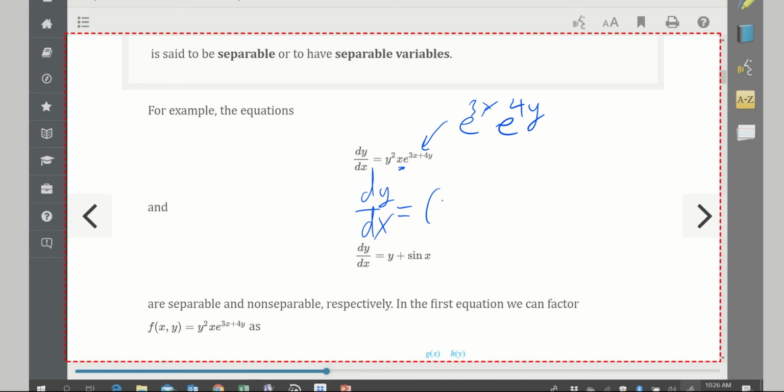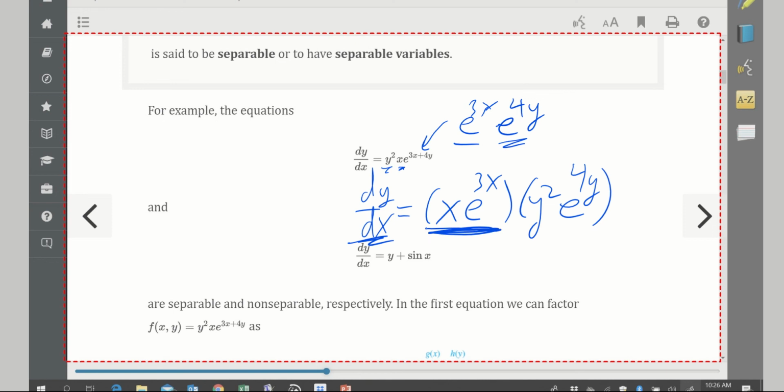I have this x term, we have an e to the 3x, and then we have a y squared, and then we have the second term, which is the e to the 4y power. Here we've written dy dx as the product of some function in x and some function in y. So this differential equation, the first one, would be separable.